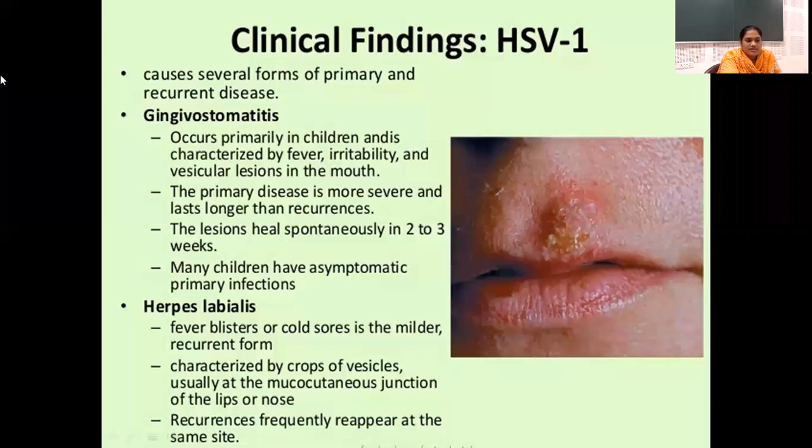Many children have asymptomatic primary infections. Herpes labialis, fever blisters or cold sores, is a milder and recurrent form, characterized by crops of vesicles, usually at the mucocutaneous junction of the lips or the nose. Recurrence frequently reappears at the same site.